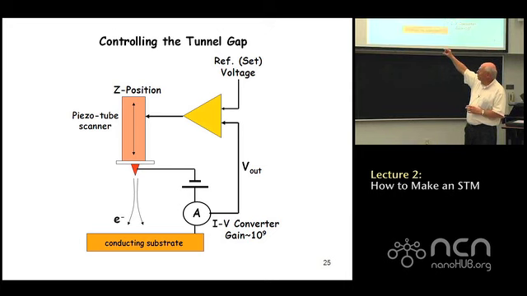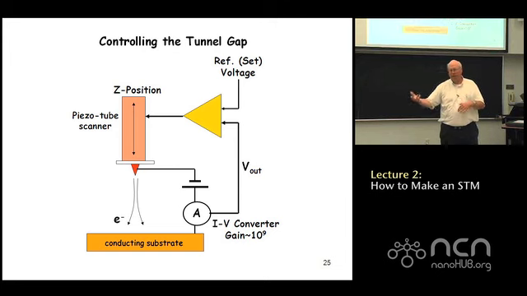Basically, what that operational amplifier does is it compares the tunnel current, which flows between the tip and the substrate. That tunnel current is converted to a voltage by an I to V converter. The gain of that I to V converter is on the order of 10 to the 9th. So if you get a nanoamp of tunnel current, you typically get a volt out. That's what that 10 to the 9th gain means, right? 1 nanoamp equals 1 volt.